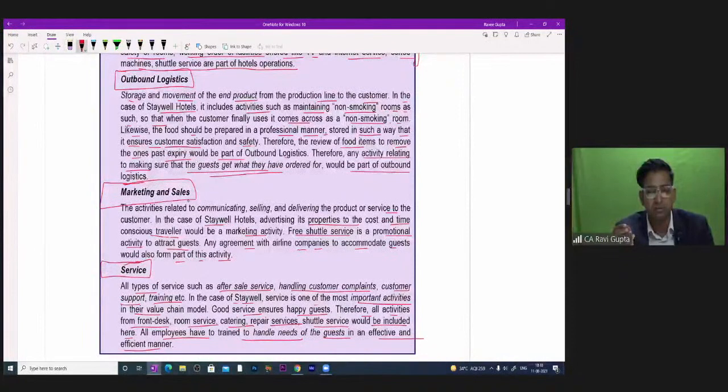For example, if he wants a free drop or free pickup at a certain point, we have to provide that. And in this case we can see all the activities from the front desk, room services, catering, repair services, and shuttle services will be included in services, right? Okay.